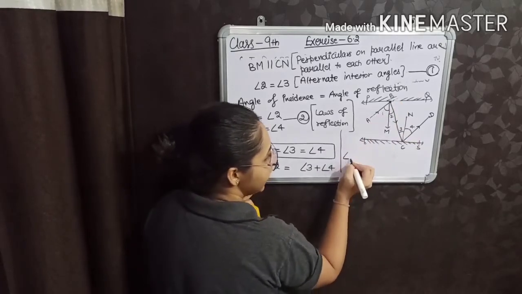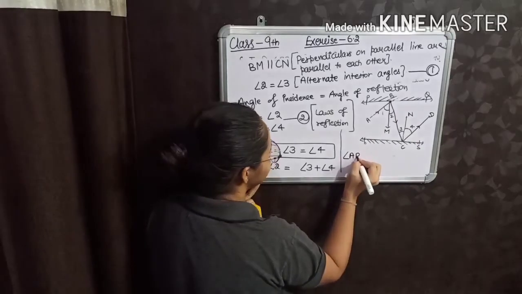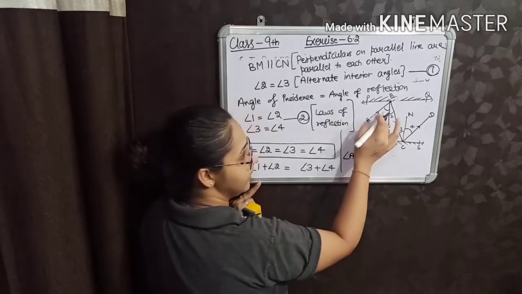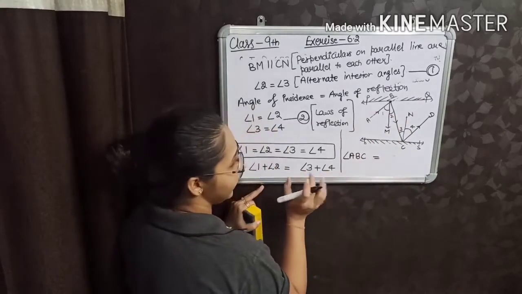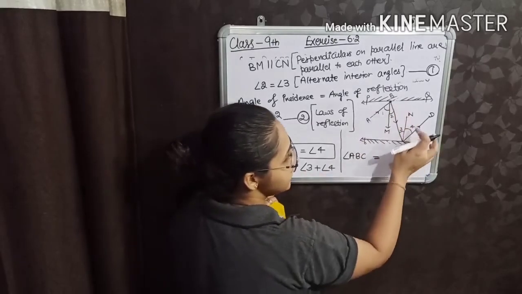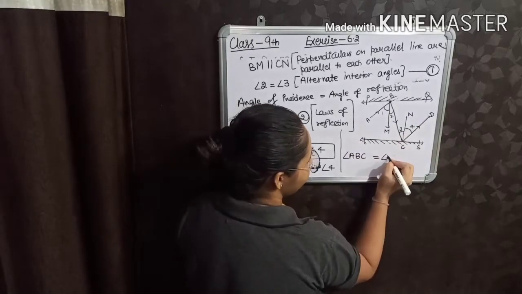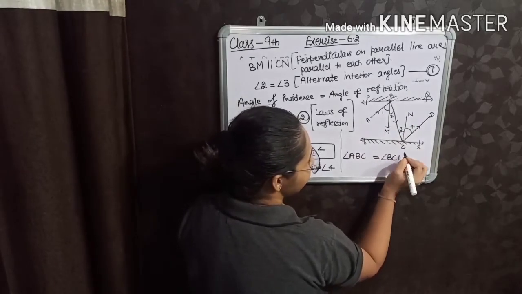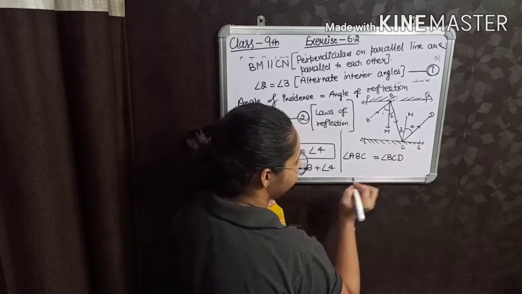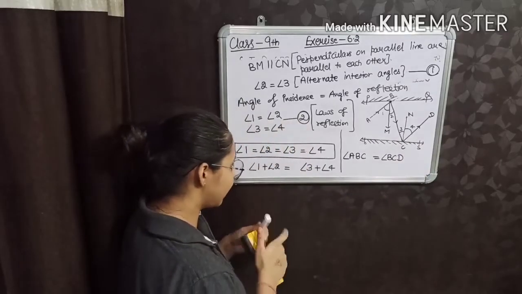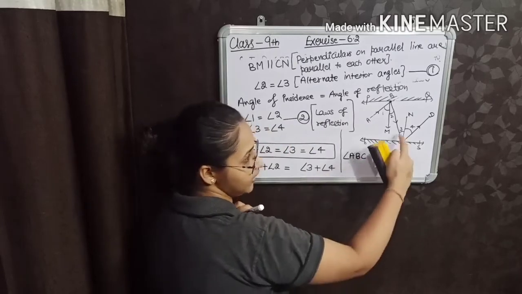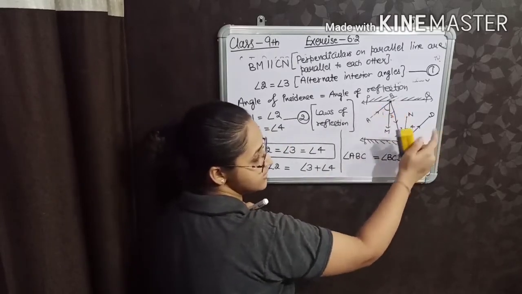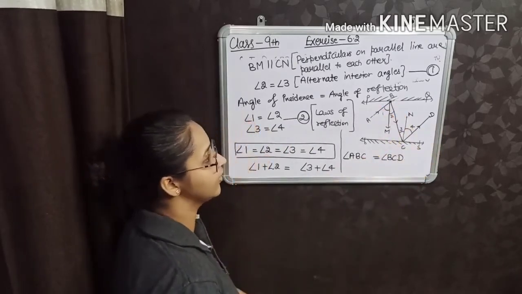I can write ABC in place of angle 1 plus angle 2. Similarly, I can write angle BCD in place of angle 3 plus angle 4. Now see very carefully.